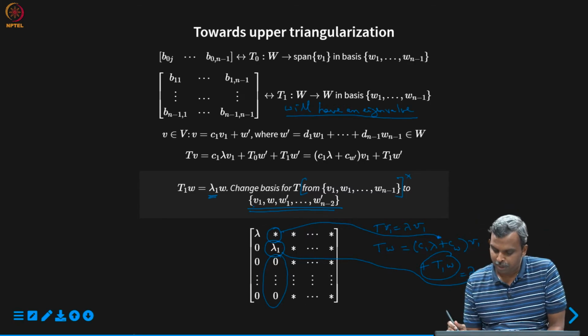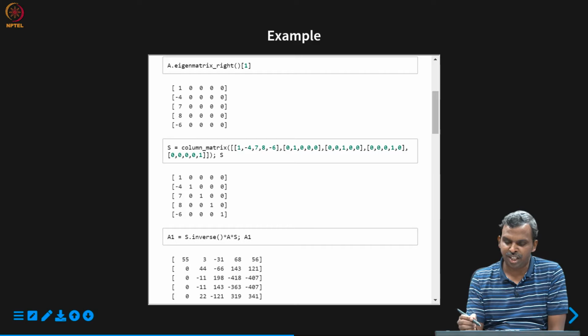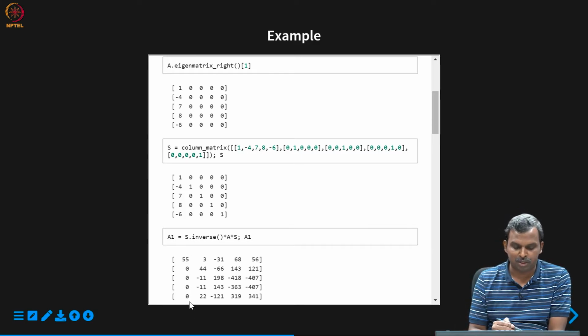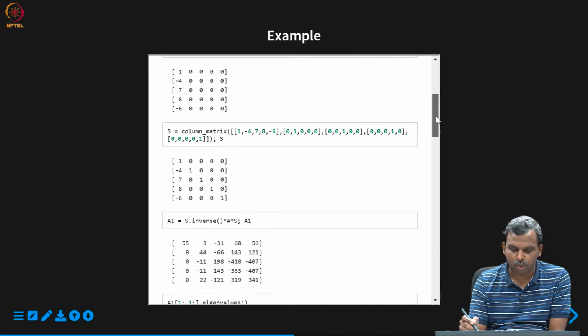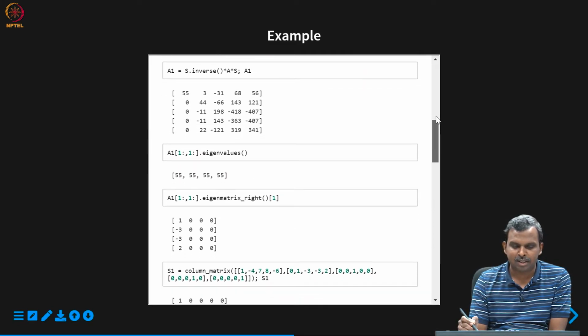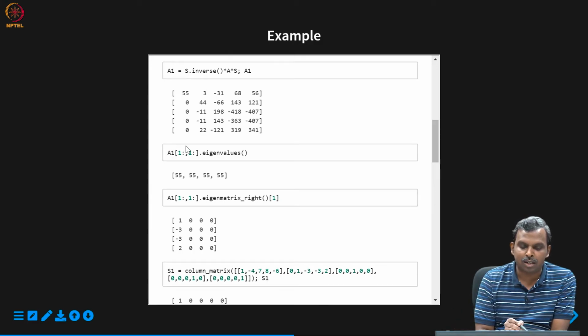Let me go back to the sheet that I had, where we had done it for the first column. We got 55 and a bunch of zeros. Now let's move down to the next one. In Sage Math, this notation A1 of 1 colon comma 1 colon will give me the bottom 4 by 4 matrix, 1 onwards, 1 onwards.